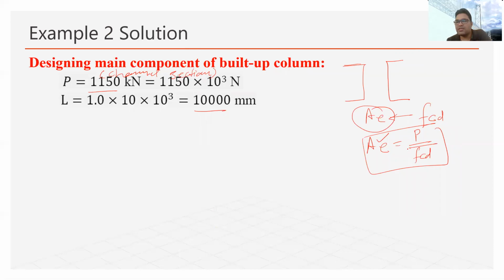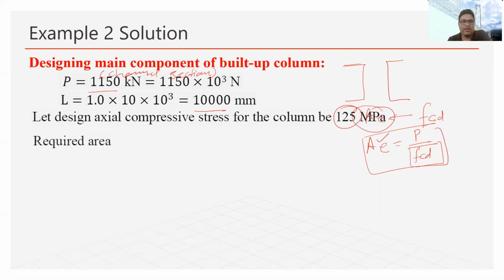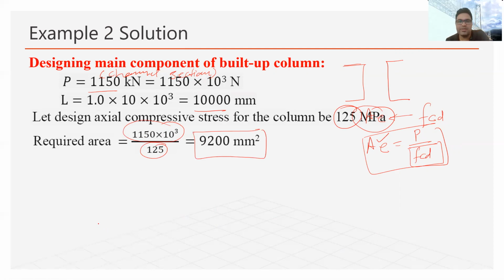Initially we assume the value of FCD as 125 MPa, and then the required area would be P by FCD. With this value of P and this value of FCD, the approximate required area will be 9200. Now we will go to the steel table.